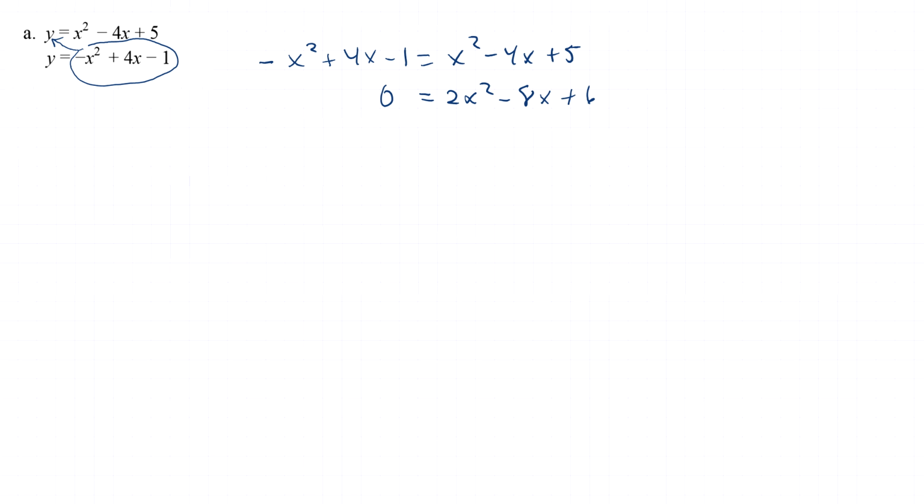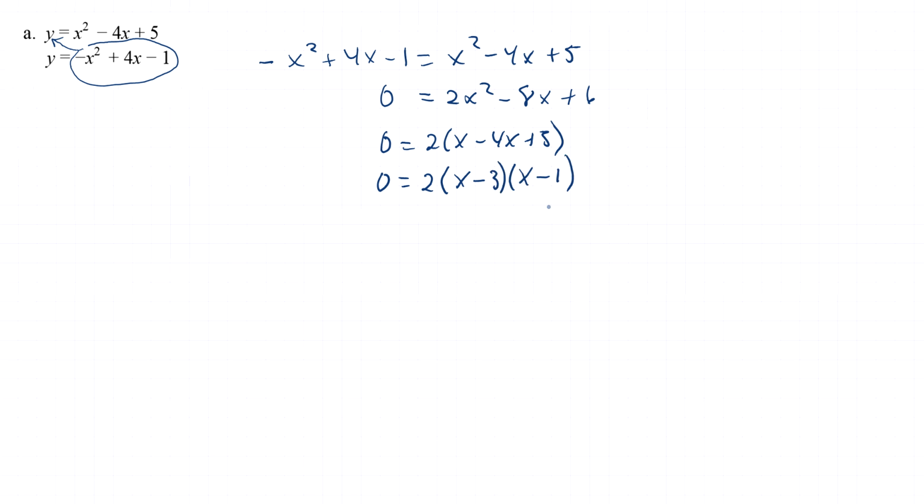And then what I notice is I get 0 equals 2 times x squared minus 4x plus 3. And so I think this is going to be factorable, so then I'm going to get 0 equals 2 times x minus 3 times x minus 1.